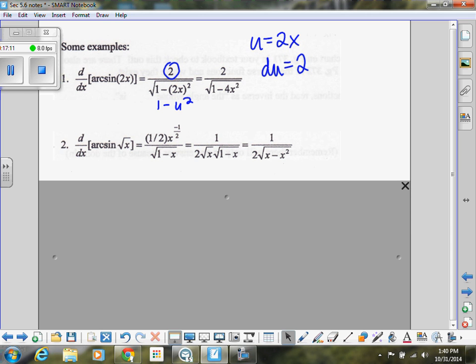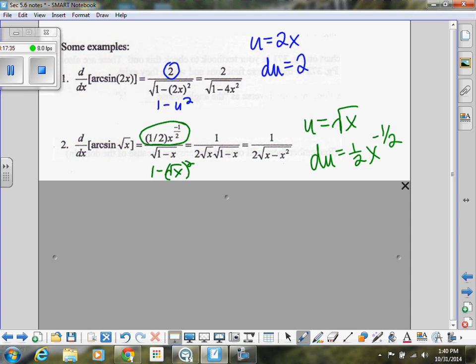Okay, and then here's another example with arc sine. So again, here our u is square root of x, and what's your du? 1 over 2 root x. So that's where they're getting this part right here. And remember, this was 1 minus the square root of x squared, so that's where they just got x.